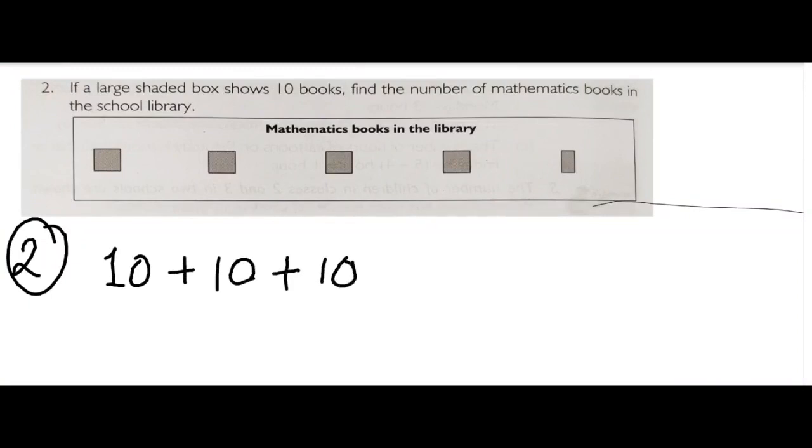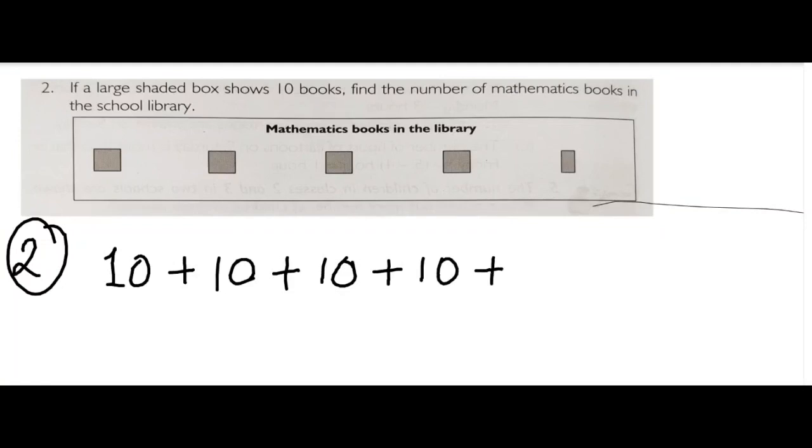So you can conclude that if one box represents 10 books, yes, you have to find the number of mathematics books. So if one box represents 10 books, so there are how many boxes? 1 2 3 4 5. So you can directly write the answer. Number 2, 10 plus 10 plus 10 plus 10. So you can see that the last box is half of the other 4 boxes.